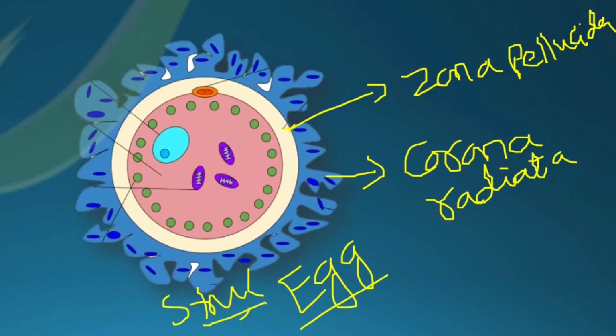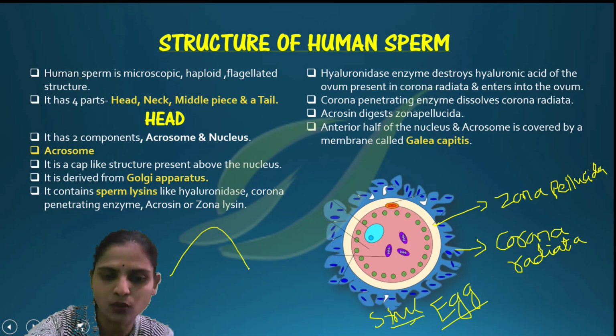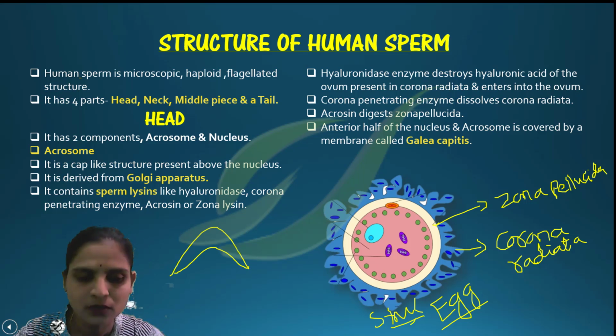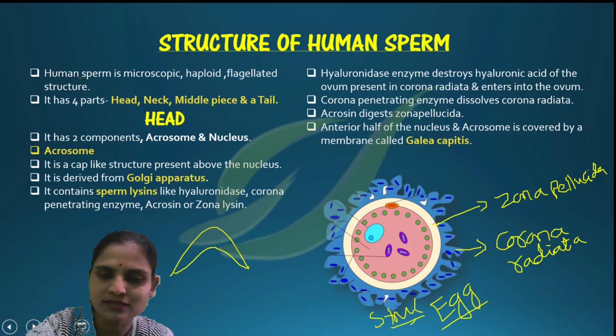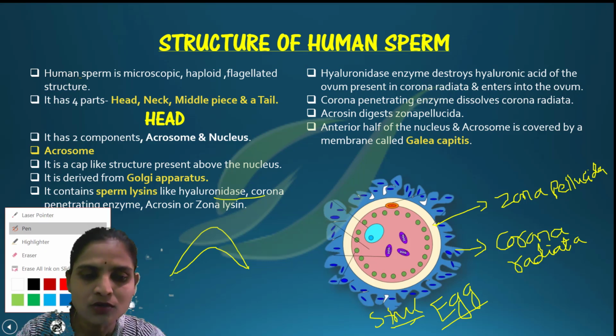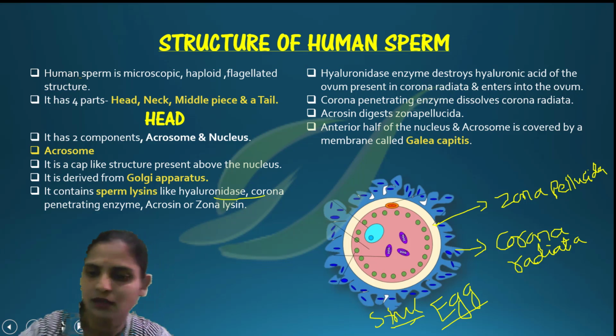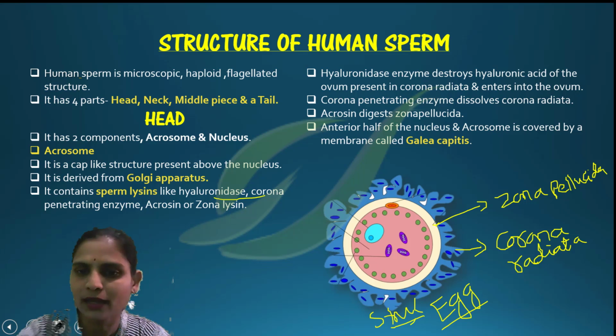So in the acrosome of the sperm, we can find three enzymes present. We will study what exactly these enzymes do.